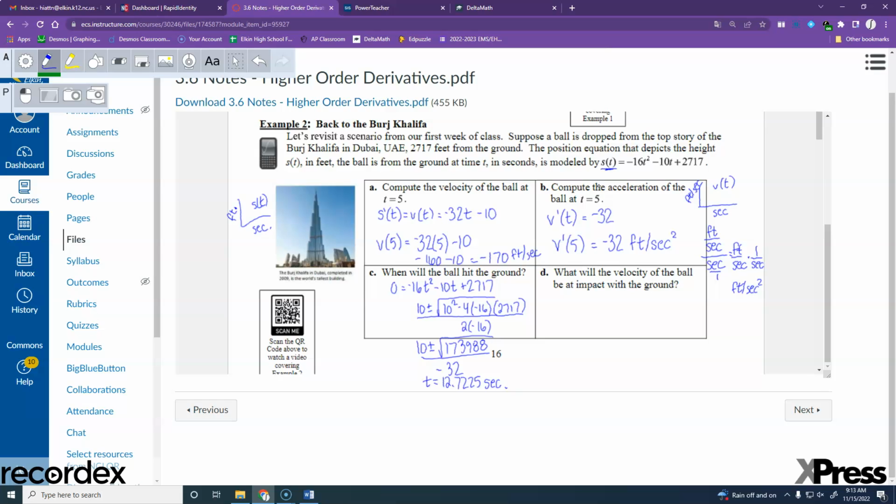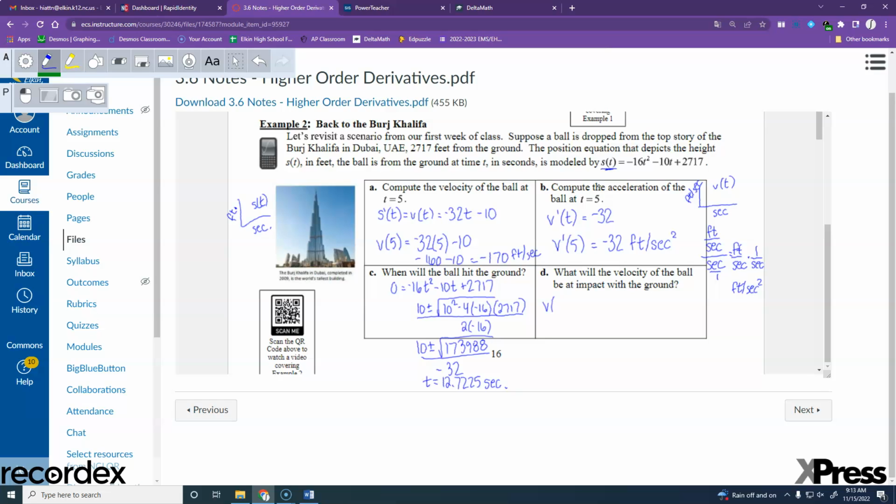Okay, now a question you might be interested in is how fast is that ball going when it hits the ground, right? Because you may want to know about the impact, like the force of impact there. So if we want to know velocity when the ball hits the ground, what should we do then? Plug that time into our velocity formula, right?